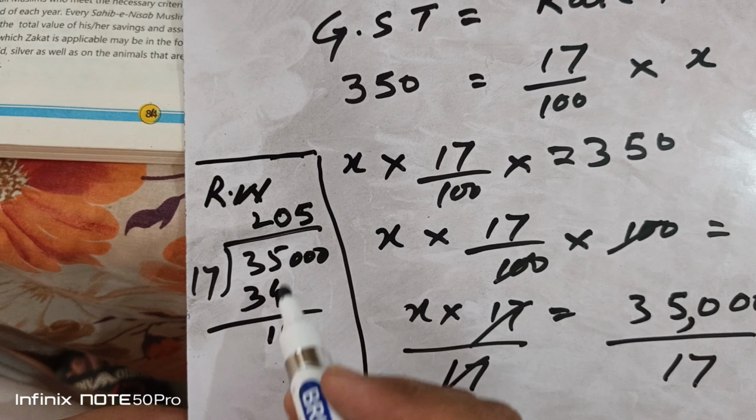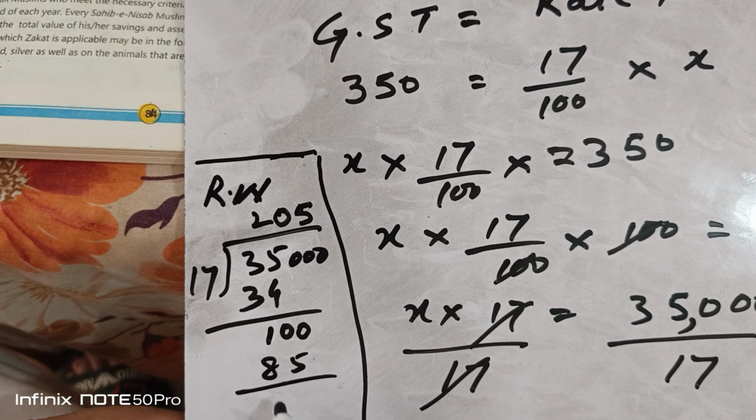17 5s are 85. We will get 15 and we will get here this 0. At next stage, I think it will be 8 multiplied by this 17. 8 sevens are 56 and 8 ones are 8 and 5 13. Yes, this is 14 as remainder. We will write 14 here, and after putting here we will put point and 0.